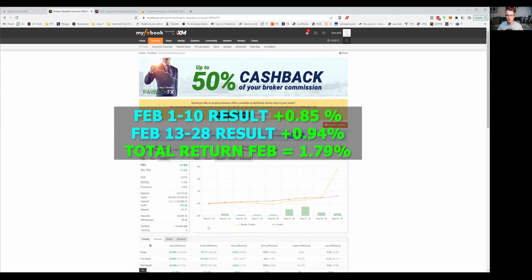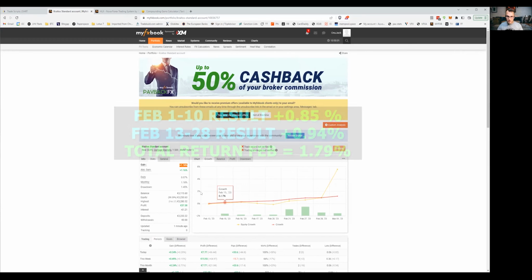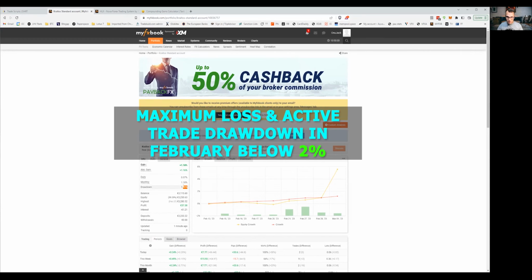So from February 13th up to now, it's been running on a standard account, so it has made 1.18%. And if we add the 0.85% to this, it gives you around 2% profit in the month of February. And maximum drawdown is, you can see here, less than 2%, which is actually pretty good.